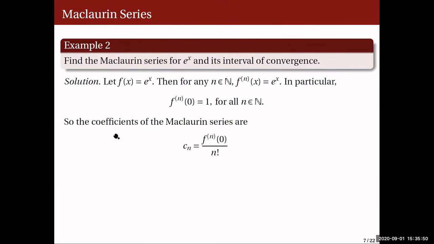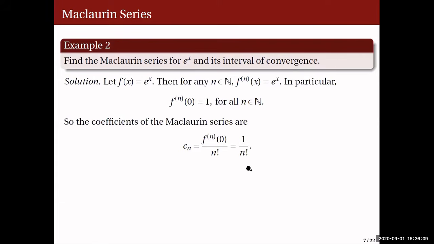And so the coefficients of the Maclaurin series are of this form: c sub n equals f^(n) of 0 over n factorial, where the numerator is equal to 1 from what we obtained earlier, and the denominator is n factorial.